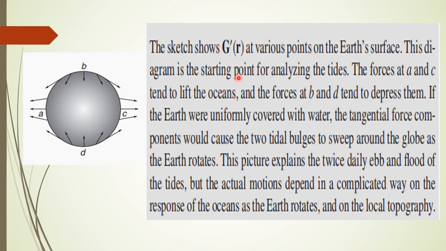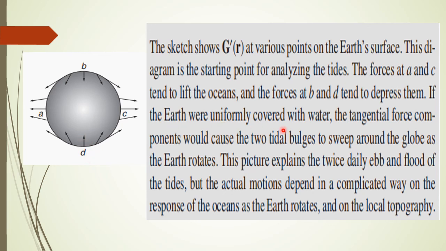The diagram shows the starting points only. And now the forces at A and C, what is their function? They tend to lift the ocean. So at these two regions, the ocean gets lifted, and the forces at B and D tend to depress it. At these 2 points the ocean gets depressed.